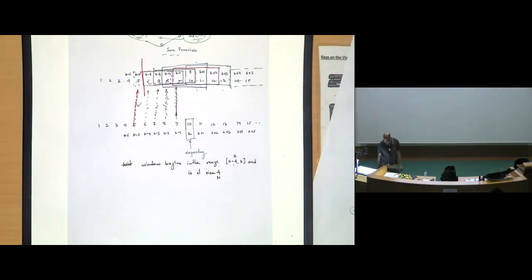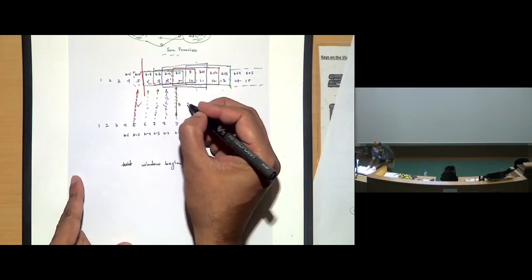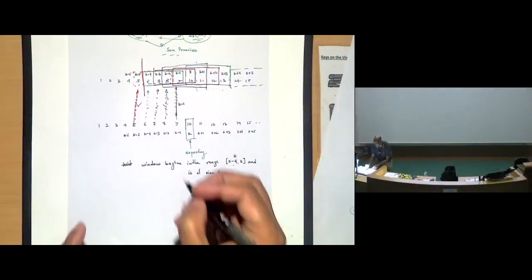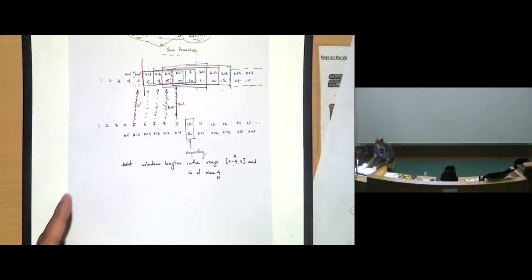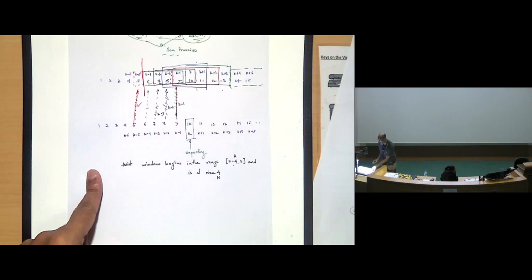What we can see here is, it is possible that the ACK for k minus 1 is currently on its way back, has not reached. It is possible that the ACK for k minus 2 is currently going back, has not reached. ACK for k minus 3 is going back, has not reached.